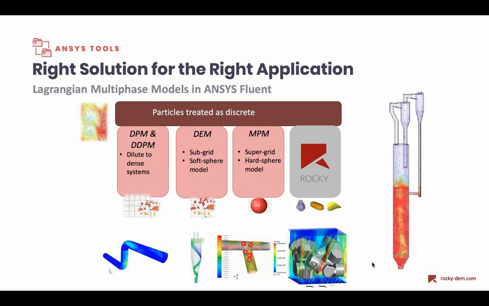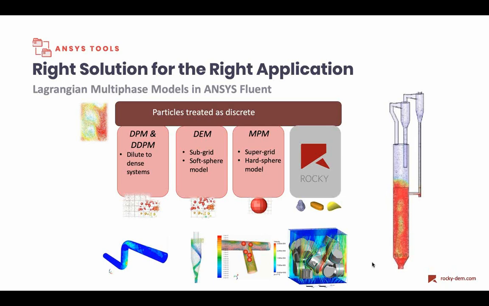And when the particles are big, not large in terms of particle count, but big compared to the mesh size, Fluent has the DPM model. But all of these are pretty much tailored to spherical shapes only, and it's hard when they have complex physics with regards to particle-particle and particle-boundary interaction.